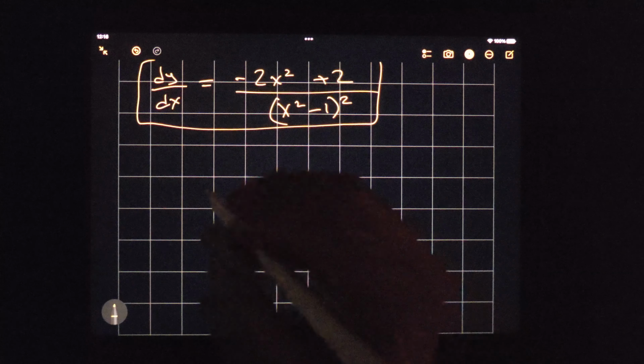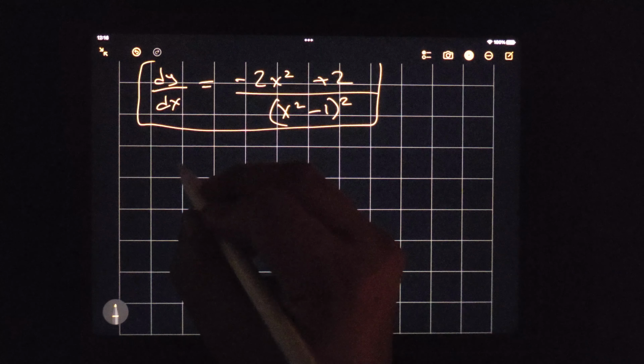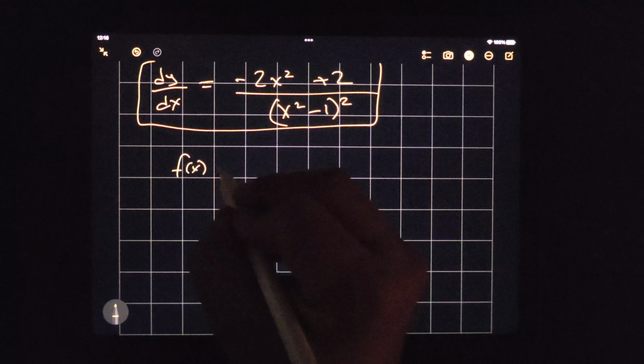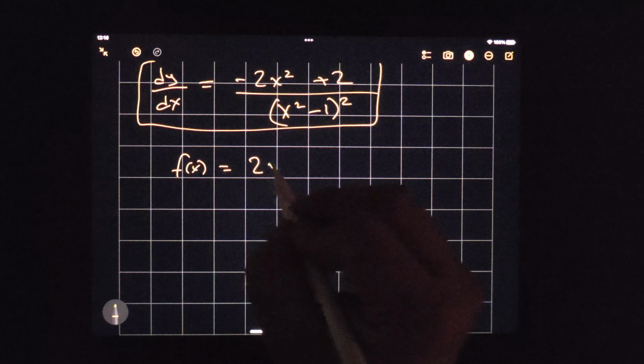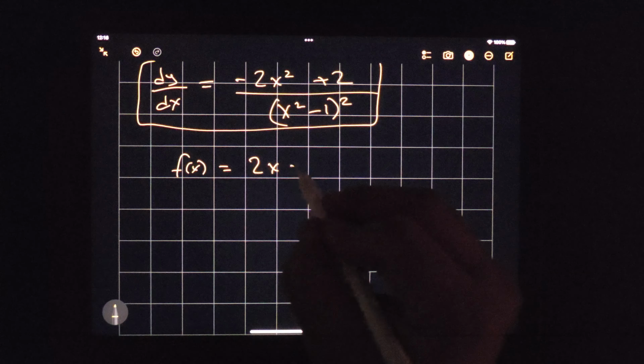So let's do another one. Say we have f of x equals 2x plus 8 over root x.